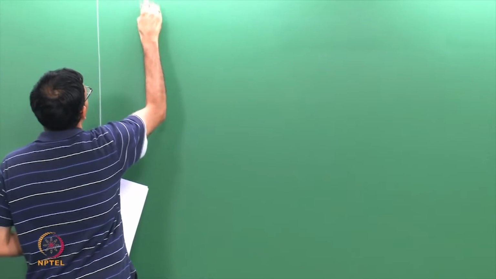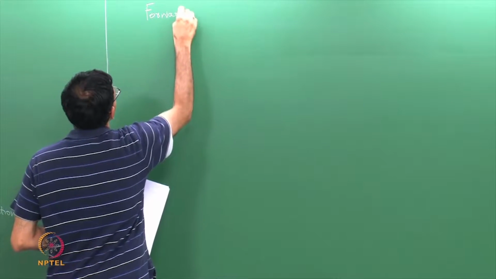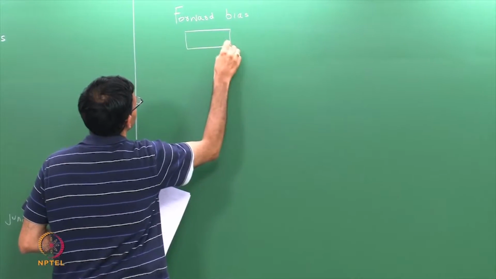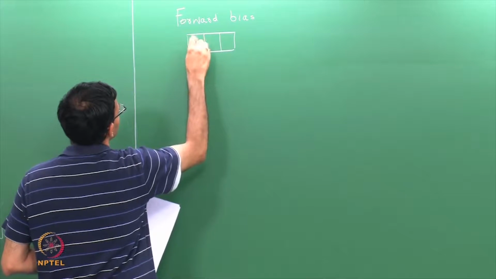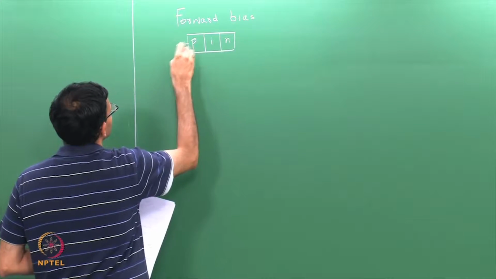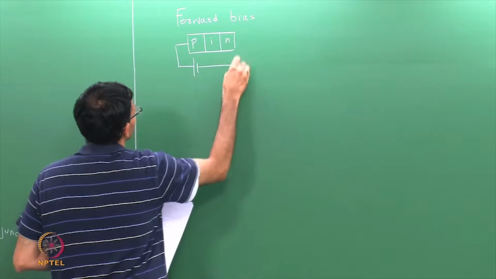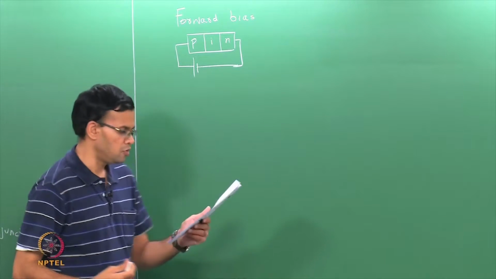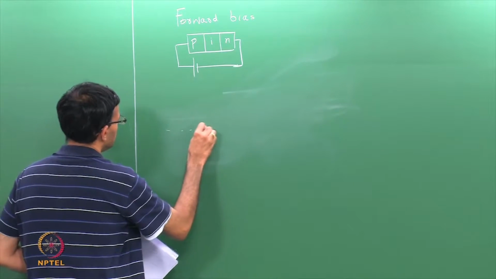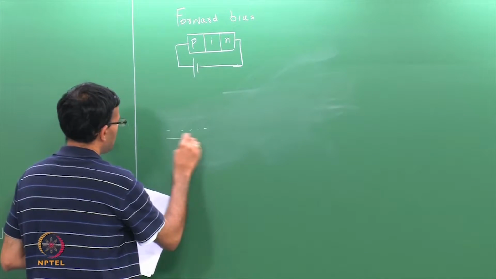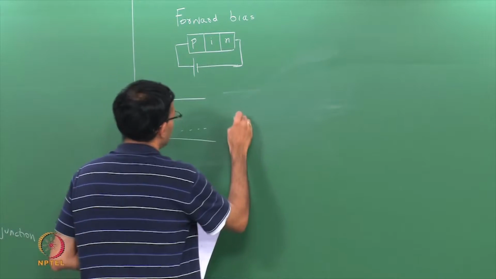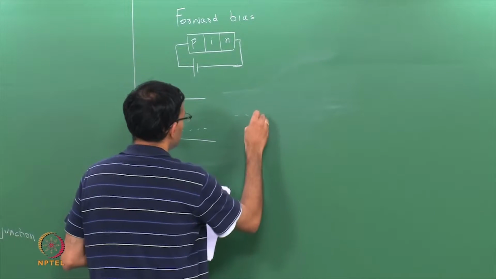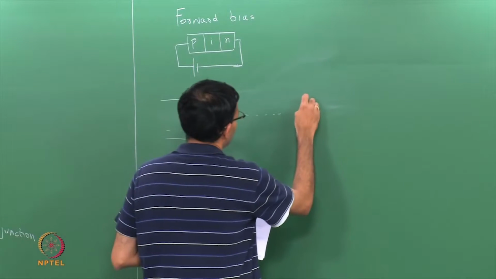In the case of a forward bias, P is connected to positive and N is connected to negative. So, on this side I have a P type semiconductor. At the center I have an intrinsic, and here I have an N type.